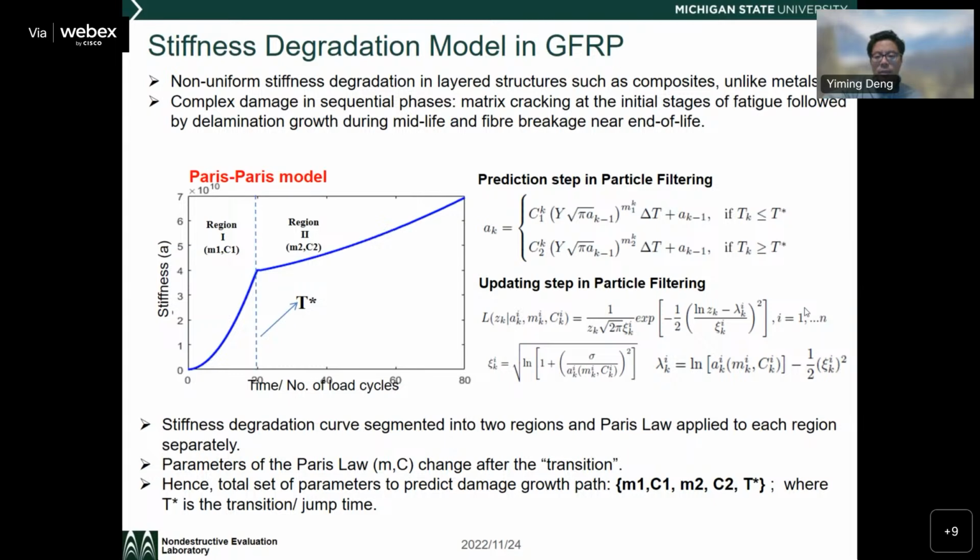After that, similarly, you have C2, M2. Another unknown parameter to estimate is T star. So the total problem becomes the estimation of the parameters theta, which is M1, C1, M2, C2, and T star.